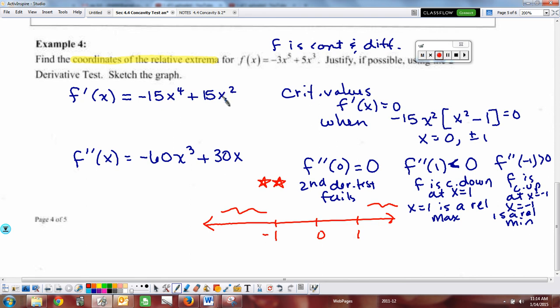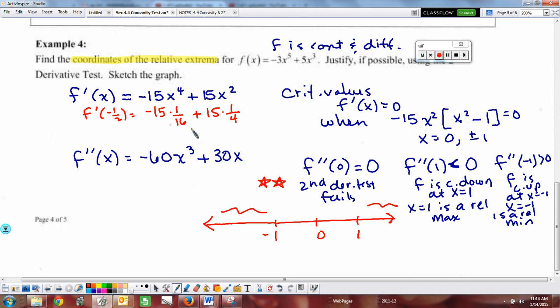I have to do a little bit of work here. f prime of negative 1/2 would be negative 15 times 1 over 2 to the 4th, which is 16, plus 15 times 1/4.